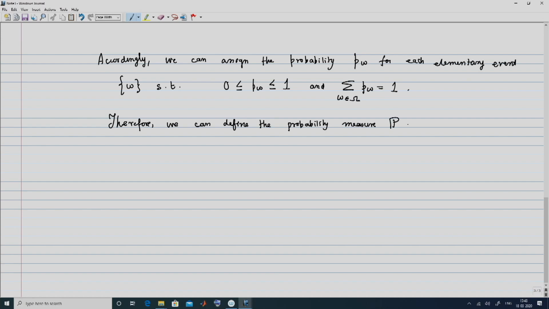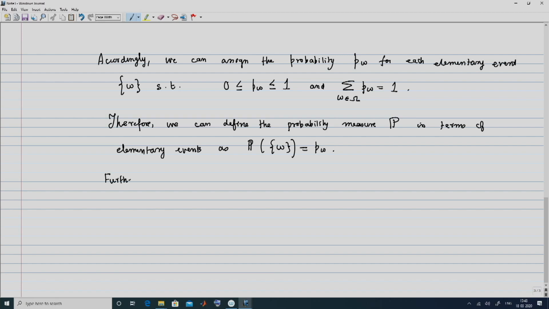We will define the probability measure P in terms of elementary events as the probability of the elementary event little omega, this is P subscript omega that we have already introduced.